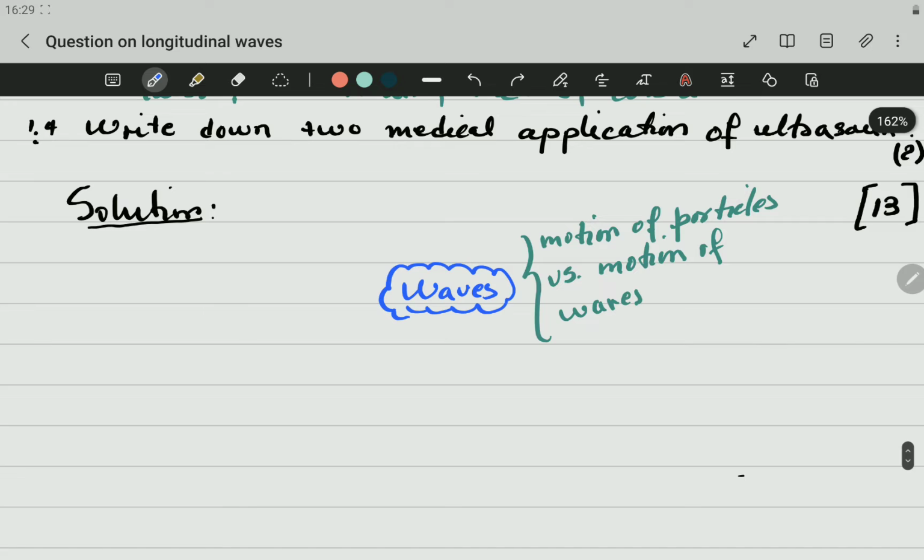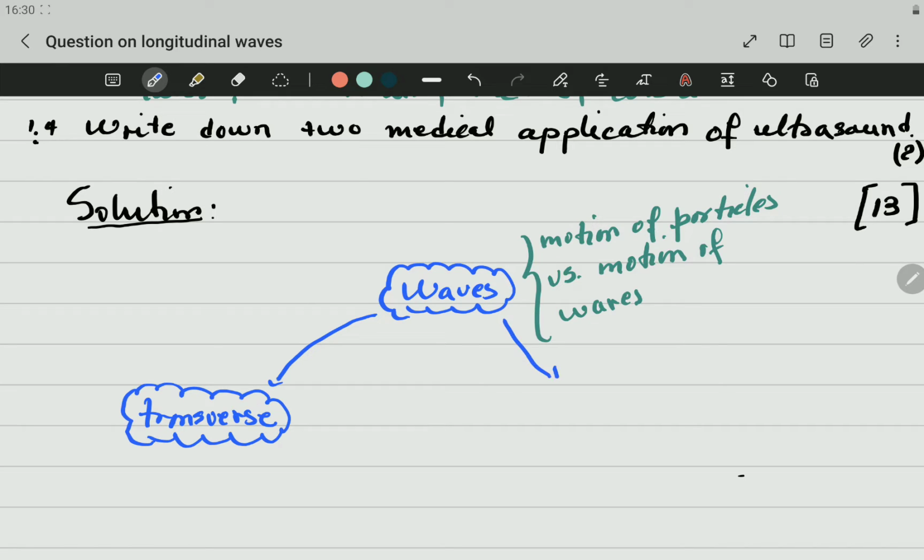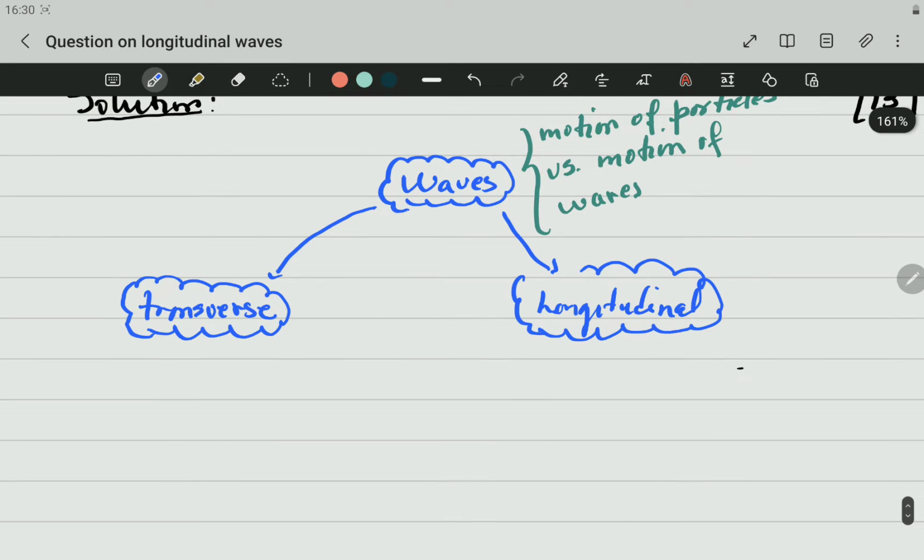Now, if we do that, we have two types of wave. We have the transverse wave that we spoke about yesterday in the previous video, and we have longitudinal wave. In the transverse wave, as we mentioned before, the particles will move perpendicular to the propagation of the wave.